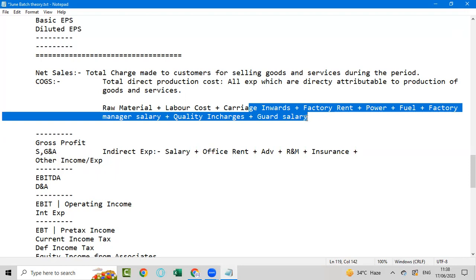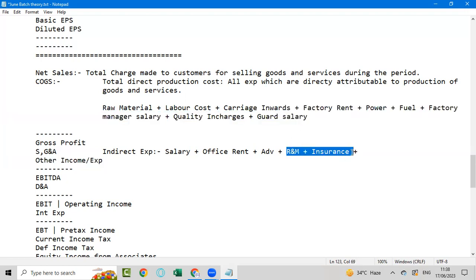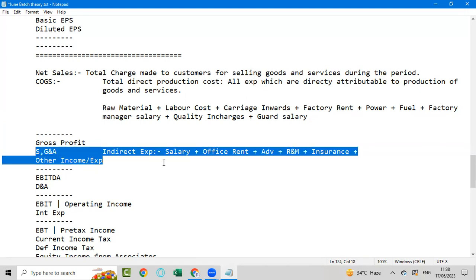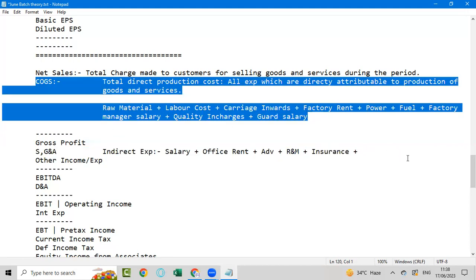Insurance of the machine used in the production process will be in COGS. Repair and maintenance of the machines used in the factory will be added there. But this is for the office expenses, not the factory related expenses. So the item name can be the same, but it is part of a different category. Clear? So we will report it in a different expense item. So these are indirect expenses, and these are your direct expenses.